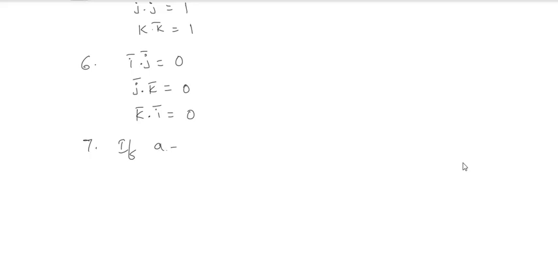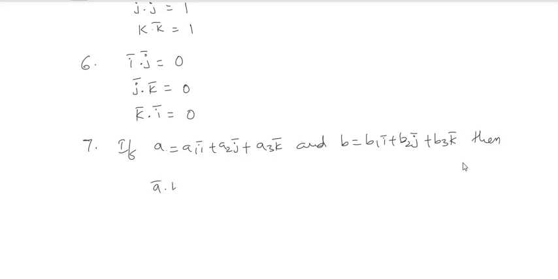Next, if A is equivalent to A1 i bar plus A2 j bar plus A3 k bar and B is equivalent to B1 i bar plus B2 j bar plus B3 k bar, then can you tell me what is your A bar dot B bar?